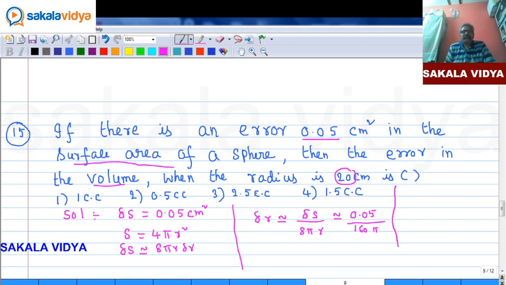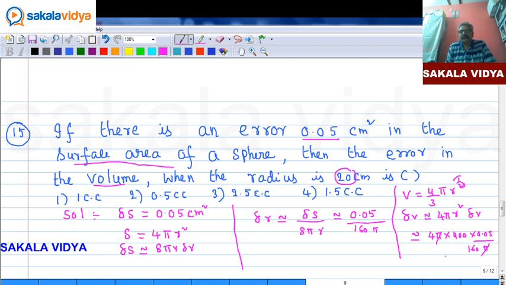Now you need to find the error in volume. V is equal to 4 by 3 pi r cube. If you differentiate with respect to r, delta V approximately equal to 4 pi r square into delta r. This is approximately 4 pi into r square, r square is 400, delta r is 0.05 by 160 pi.